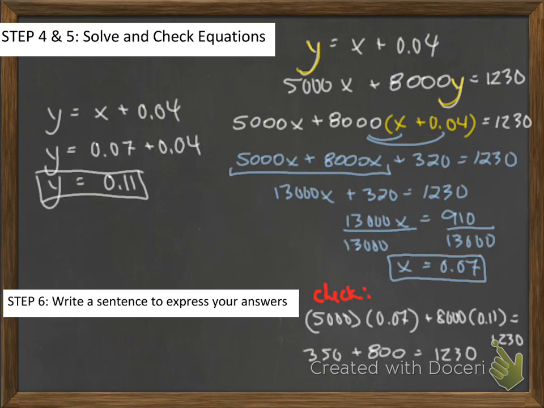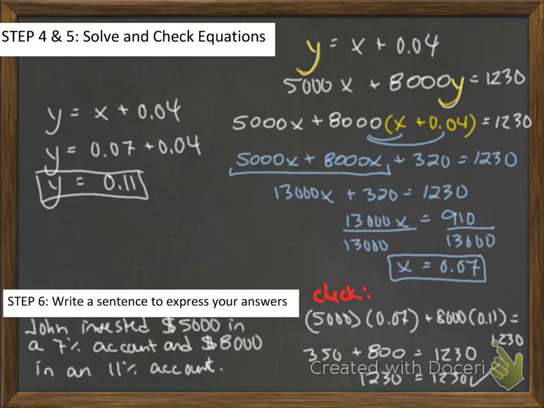And sure enough, that does work out. Okay, so now we can write a sentence to explain or to develop this idea of the two interest rates. Okay, so we can say that John invested $5,000 in an account that yields 7% simple interest and $8,000 in an account that yields 11% simple interest.